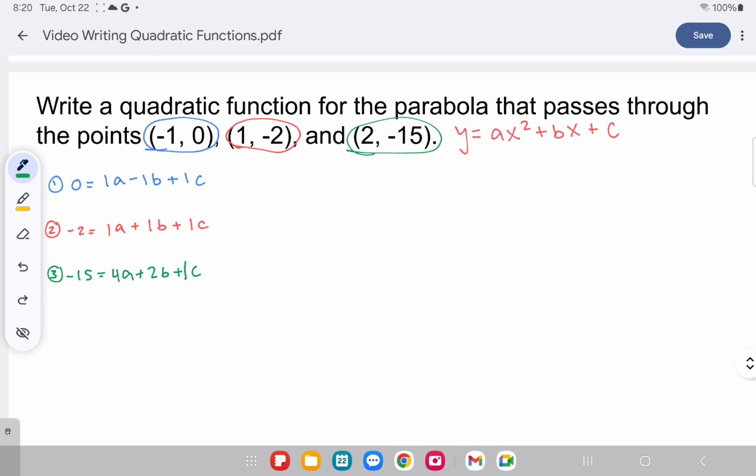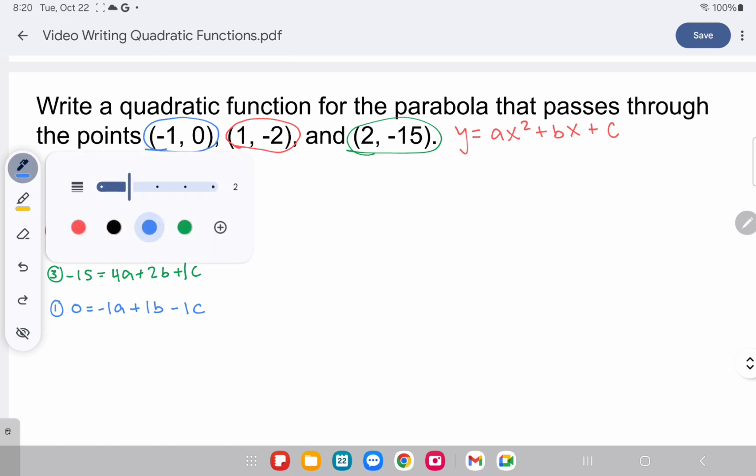In this case, any variable, not so bad. But I'm going to eliminate the C's. So I'm going to put equation 1 and 2 together first. And I'm going to multiply equation 1 by a negative 1. Equation 2, I'm not doing anything to.